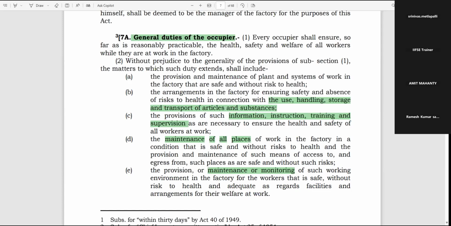So, the arrangements, when we talk about it, are nothing but safety arrangements.